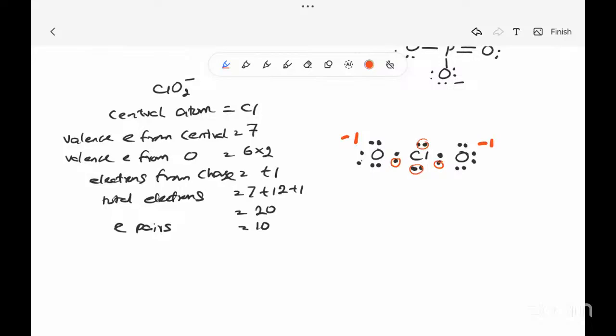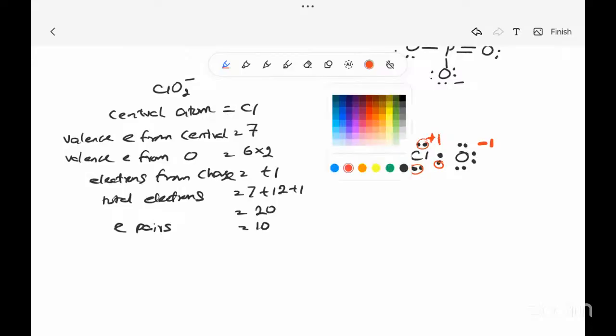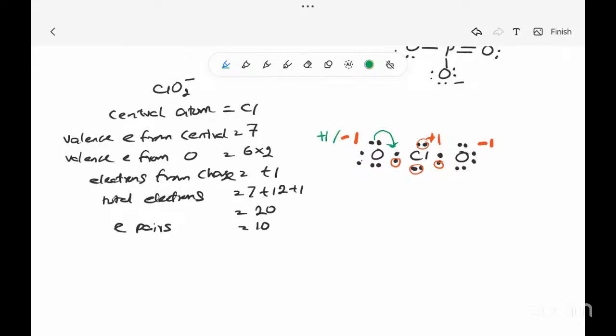So the formal charge will be +1 because chlorine should get 7. Therefore, a transfer should happen in order to reduce the formal charge. We can do only one from here to here. When we do that, this will induce +1, and this one will induce -1.